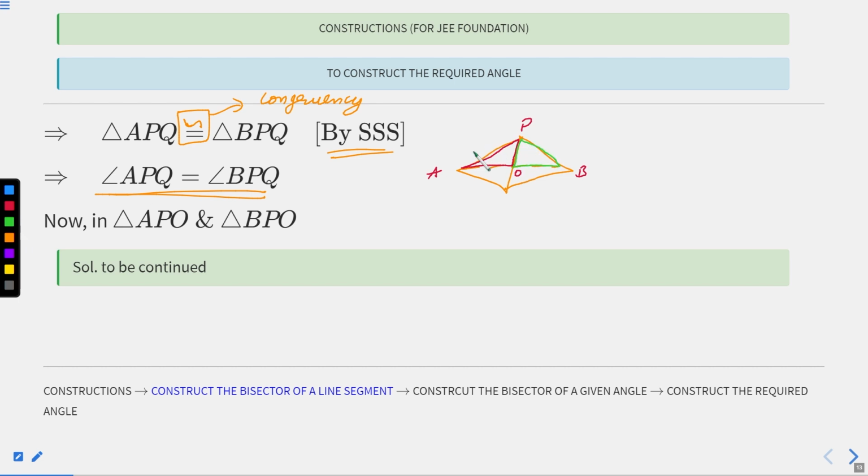We already talked about the large triangles, these triangles, and we came to know that these two angles are equal. Now we will talk about these little triangles here, so that we will get our result proved. Okay, I hope this is clear.